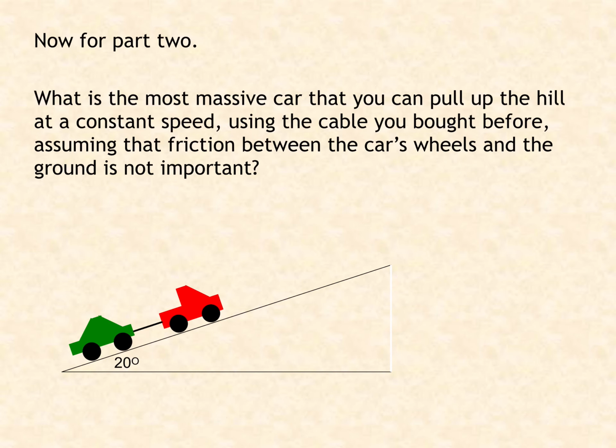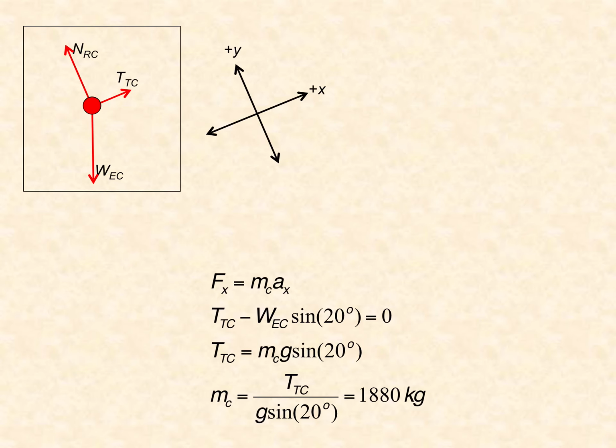We moved on to part B to determine the most massive car that you could pull with this cable, and we continued using the tilted coordinate system for this, and we're able to find a mass of 1880 kilograms.